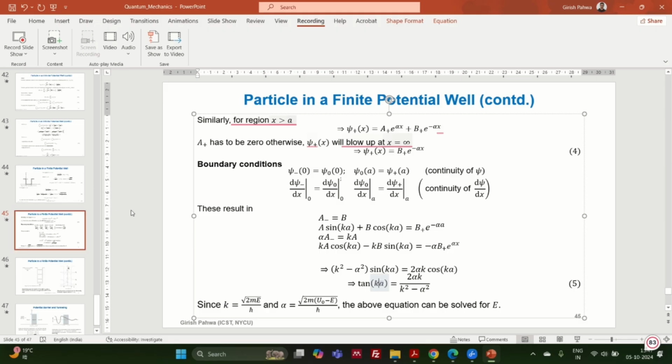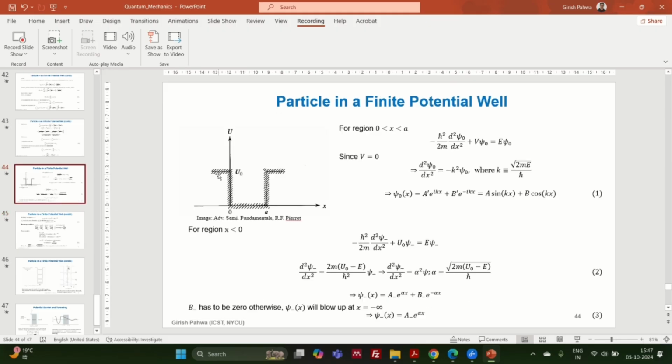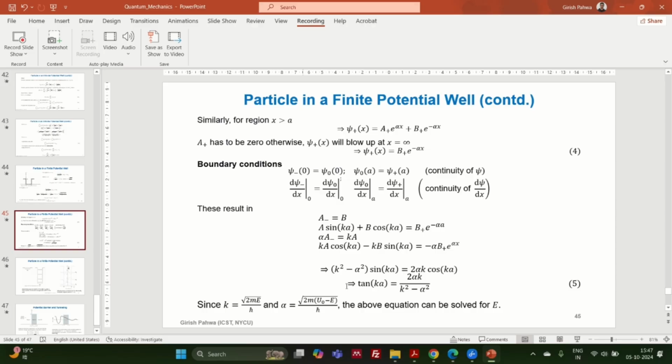What is U naught? U naught is the depth of the well. Depending upon the depth of the well and the dimensions of the well, you will get some solutions of this equation.